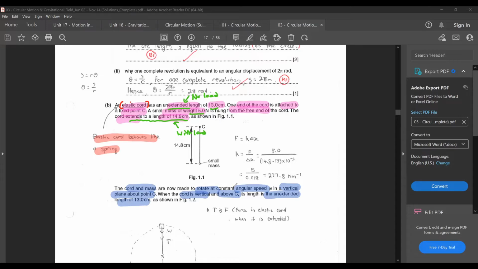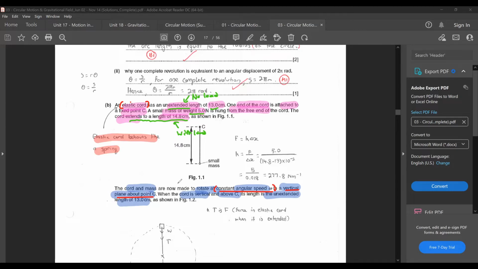But here, they've actually specifically highlighted to you, you actually have constant angular speed when you're trying to swing the cord in a vertical circle. All right, so this one, they've already specifically mentioned to you, you are moving with constant angular speed, or rather you're moving with constant speed.